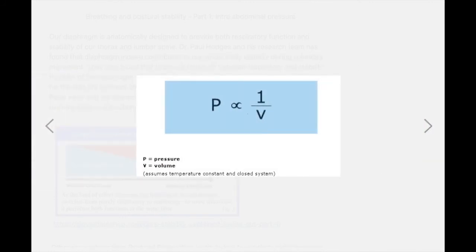As you can see in this formula, increasing the volume can decrease the internal pressure. So, as the diaphragm pushes down into the abdominal organs, the abdominal walls expand out and the pelvic floor descends a bit to create some volume within the abdominal cavity. However, we also don't want to expand the volume too much and too fast.